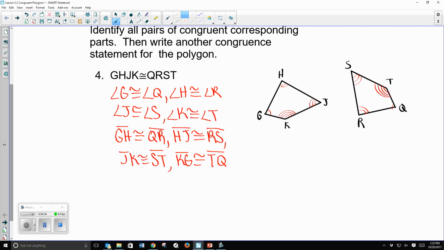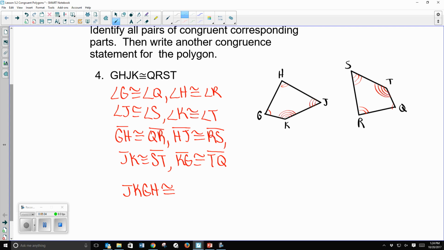So on this last part, write another congruent statement. GHJK is congruent to QRST. Well, let's put this one in a different order. Instead of starting with G, we could go backwards, or let's just start with J. We can say that JKGH is congruent, because it wants another congruent statement.